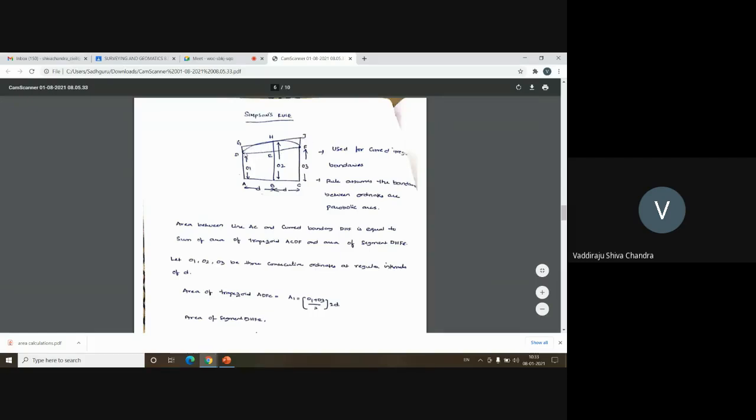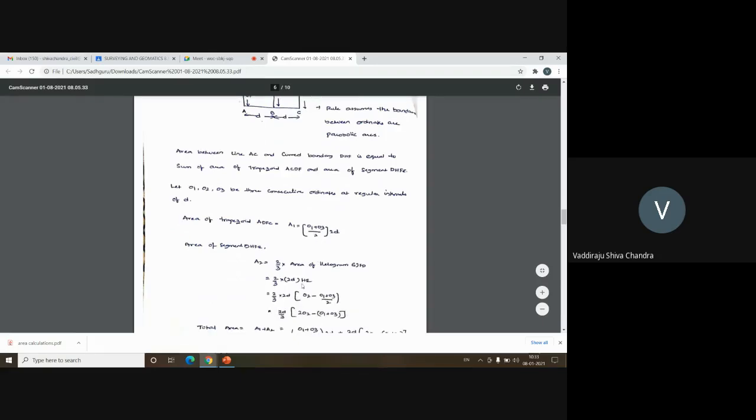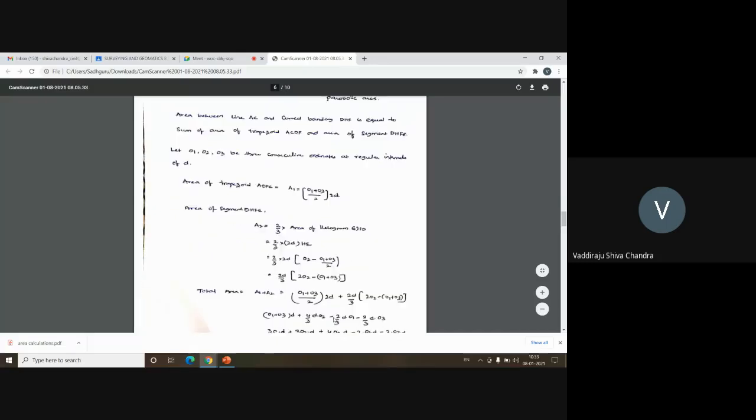The area of the parabolic segment is equal to 2/3 of the area enclosed by this parallelogram DGJF. What is the length DF or GJ? It is equal to 2D. And HE is given by O2 minus (O1 + O3)/2. If you solve this equation, you get 2D/3 × (2O2 - O1 - O3).